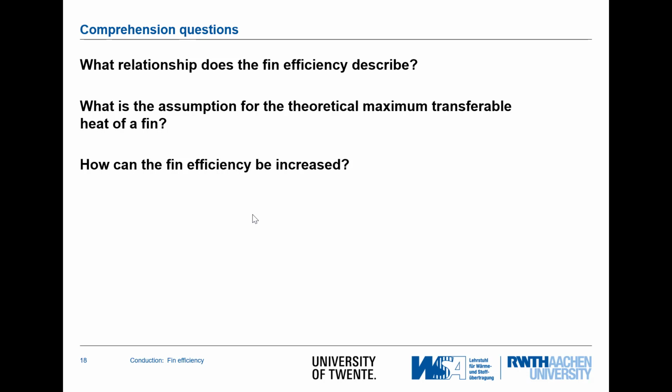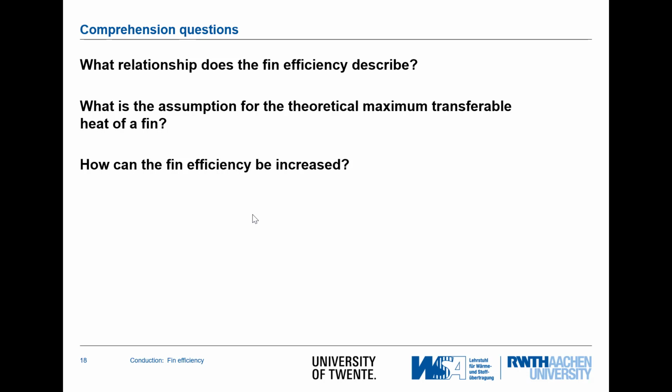What is the assumption for the theoretical maximum transferable heat of a fin? The assumption is that the entire surface of the fin is at the bottom temperature, and as such the heat released from a part of the surface at the fin tip shows exactly the same efficiency as another part of the fin at the bottom.